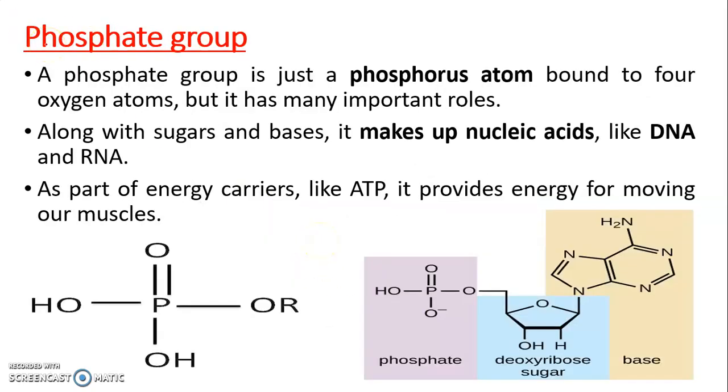Third is the phosphate group. This is the structure of the phosphate group.